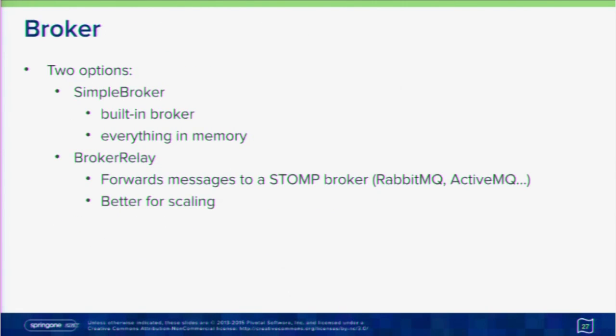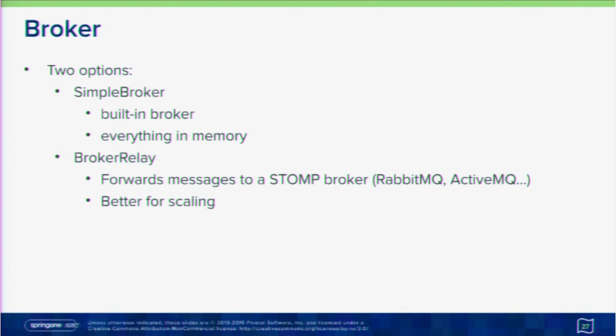A broker could be either a simple broker. Spring comes with a built-in broker, which supports a subset of the STOMP protocol, and it stores everything in memory. So that's not what you want for scaling. If you scale, this is not going to share anything. Or you can use a broker relay.